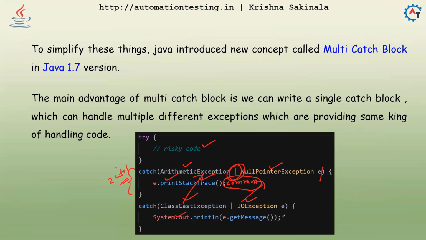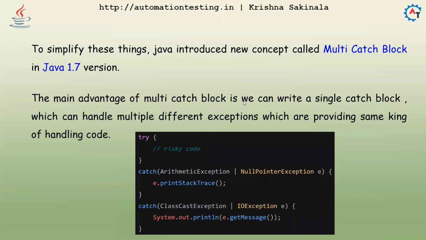These both are printing just e.getMessage, so here we are using the pipe symbol and maintaining only one catch block for these two exceptions. There is no rule that only 2 will be there; there can be multiple if the handling code is the same. So this is the advantage when you use multi-catch block from Java 1.7.